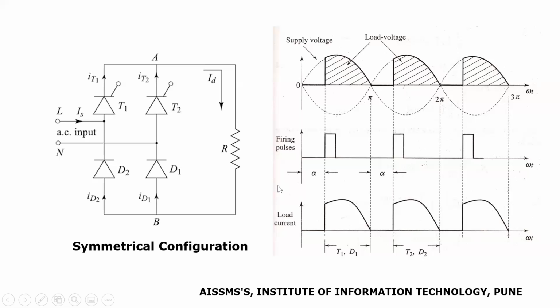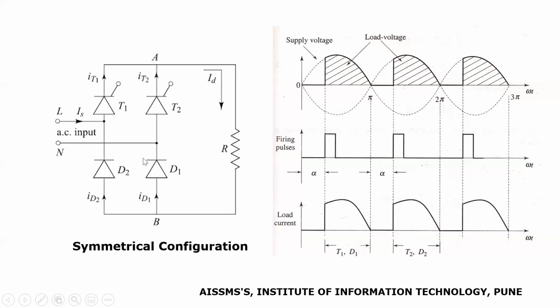So during this operation, what we are observing is that when a positive source voltage is applied to the rectifier, the output voltage is positive as well as the output current is positive. And when a negative voltage is applied to the rectifier, then also the output voltage is positive and the current flowing through the load is also positive.